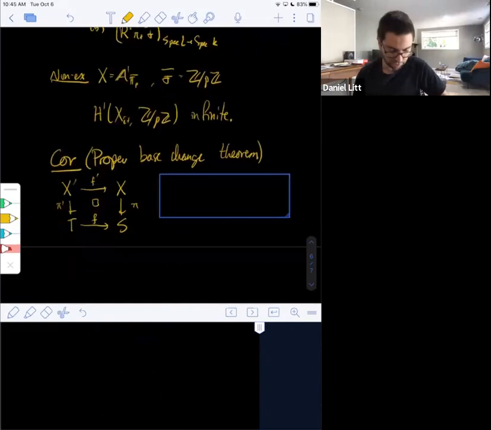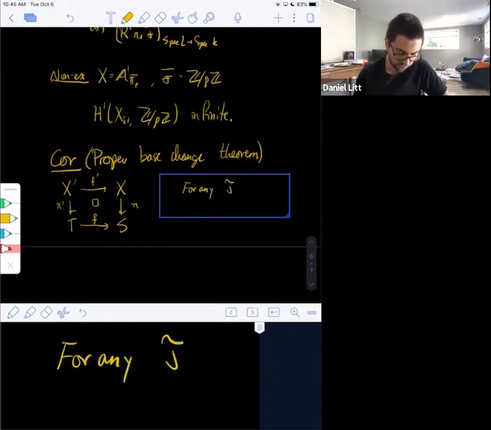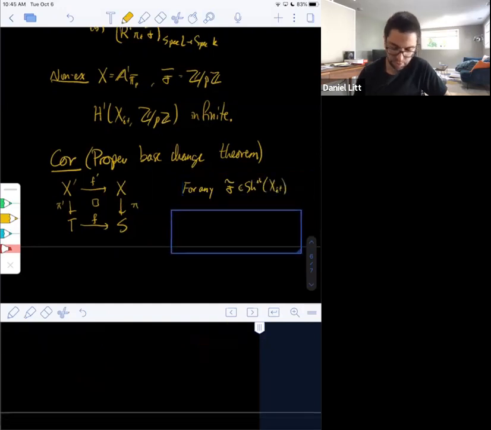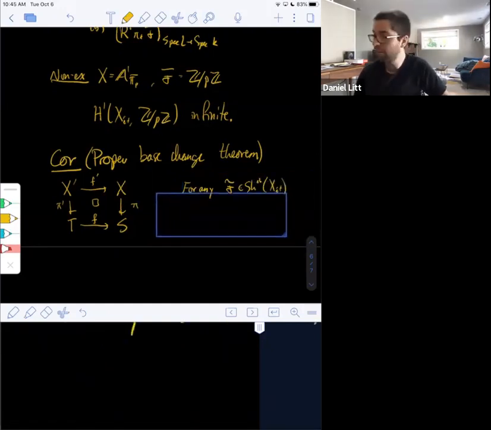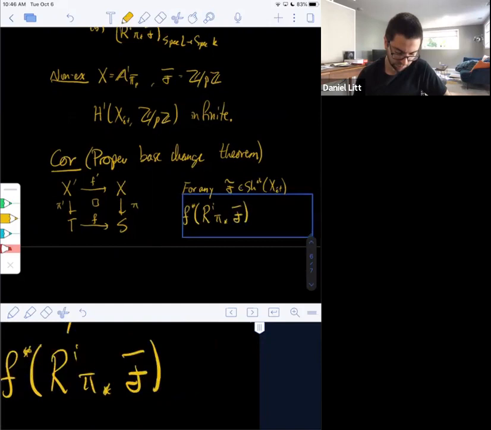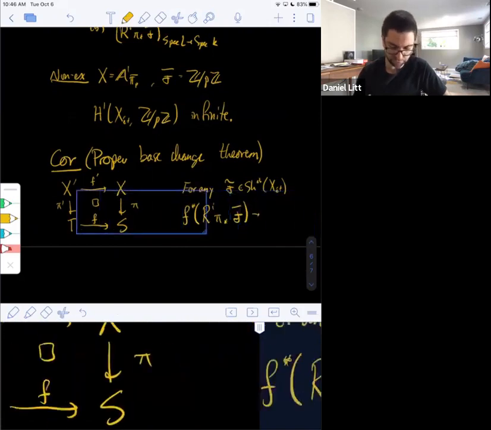Then for any F, a sheaf of abelian groups on X étale, there's a natural map f upper star of R^i pi lower star of F to, so what is this?